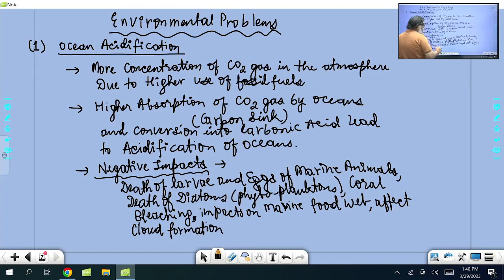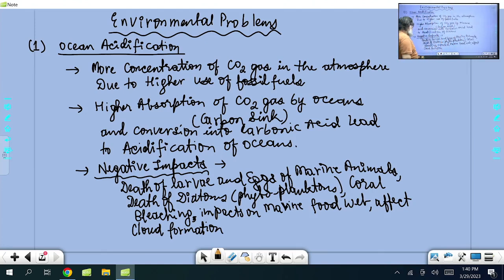Evaporation rate. There is something called cloud seeding. Diatoms and all release some kind of particles where the collection of water molecules and the seeding take place. That is what gets affected because of acidification. If diatoms and phytoplanktons are lost, then the cloud seeding effect is also lost.